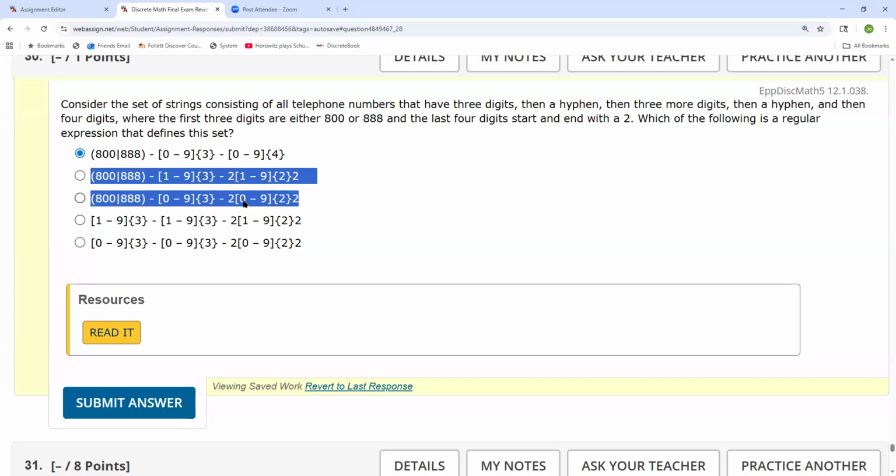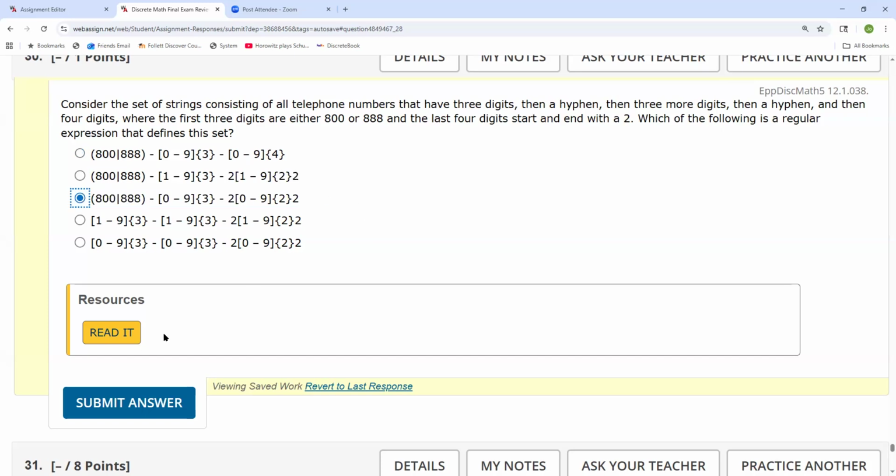Yes, because the middle one says it could be any digit from 0 through 9, and there's nothing in the instructions that says the last 4 digits can only be 1 through 9. So this says 0 through 9, it can be the last 4 digits, and that's correct. So it's that one.